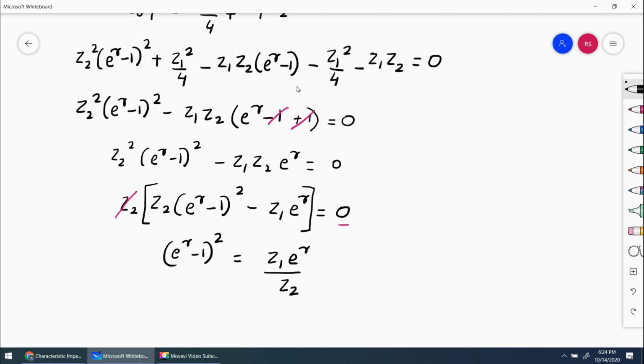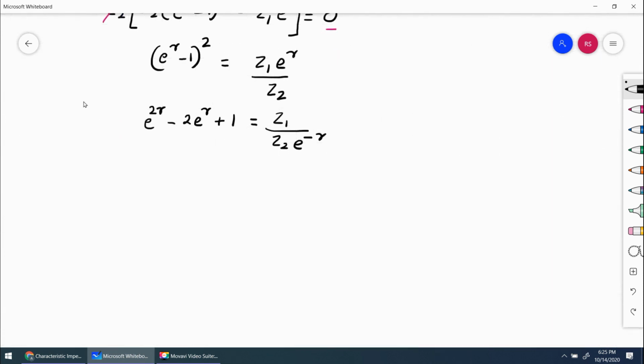Okay, and if I break this, this is e to the power 2 gamma minus 2 e to the power gamma plus 1 is equal to Z1 e to the gamma by Z2. Or I can take this to the other side, divided by Z2 e to the power minus gamma. I have taken it down.